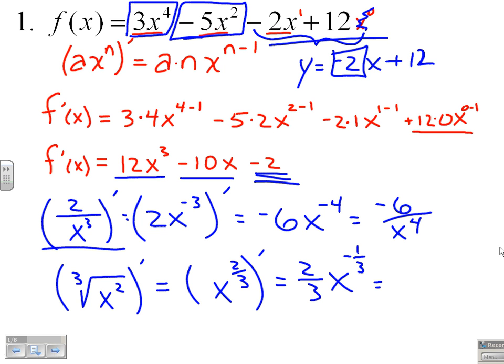And if we want it in radical form, that would be 2 over 3 times the third root of x. So power rule, pretty handy. That's pretty much our go-to rule. A couple of the others have a little bit more involved in them, but that's a really useful one for us.